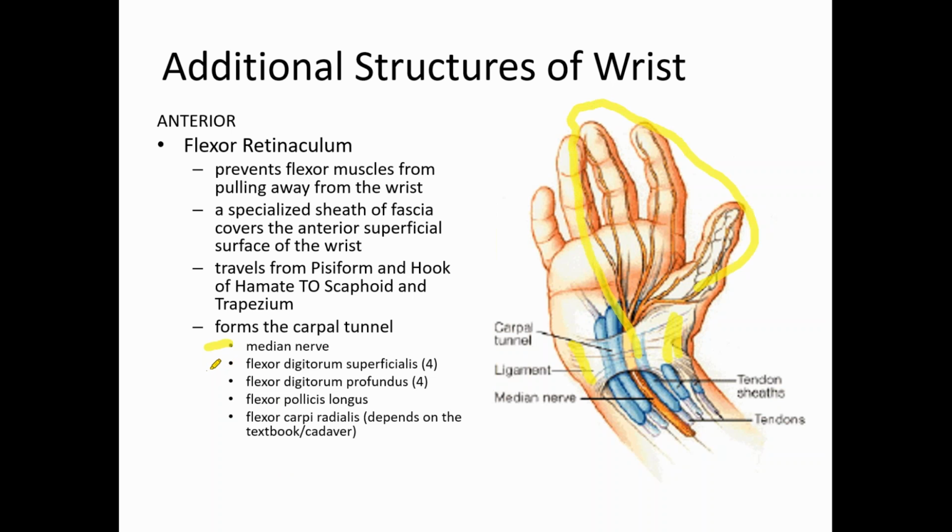And we've got other muscles in there passing through that tunnel: flexor digitorum superficialis, flexor digitorum profundus, flexor pollicis longus, and sometimes, depending on the textbook cadaver, flexor carpi radialis. That will not be a test question, but you should know that the muscles that flex the fingers and thumb travel through that tunnel. That's coming up next unit, and we're going to look at carpal tunnel again next unit. But this is just a little introduction to it.